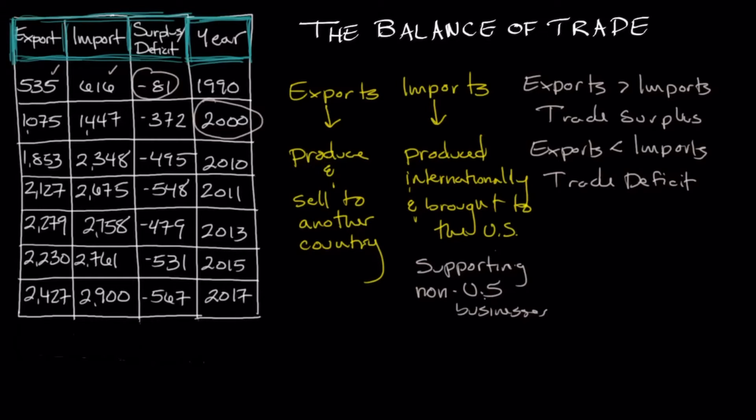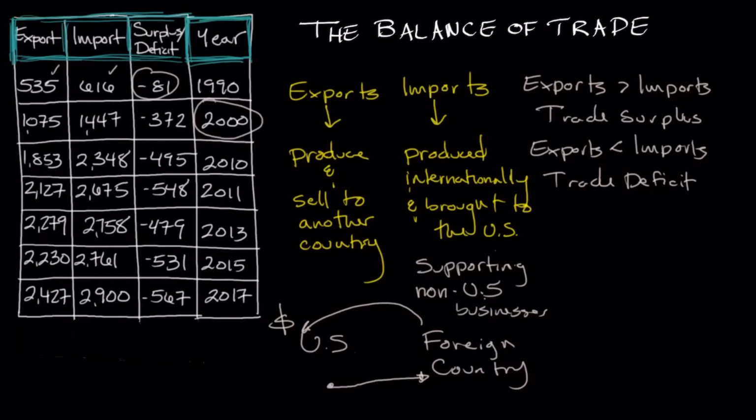But the reality is by importing, when our imports exceed our exports, we're essentially sending U.S. dollars overseas. Whereas if we have more exports, that's money that's going the other way. And so, if you have the U.S. here and then some kind of foreign country, if we are producing a product and sending that product over to the foreign country, in return the money for the product is actually coming into the U.S., which is really beneficial because then there are a lot of things that help.